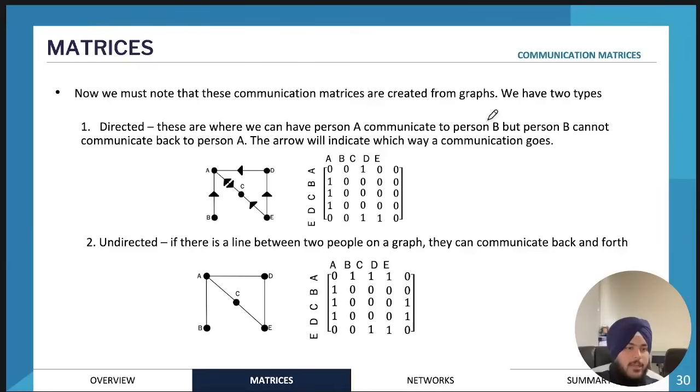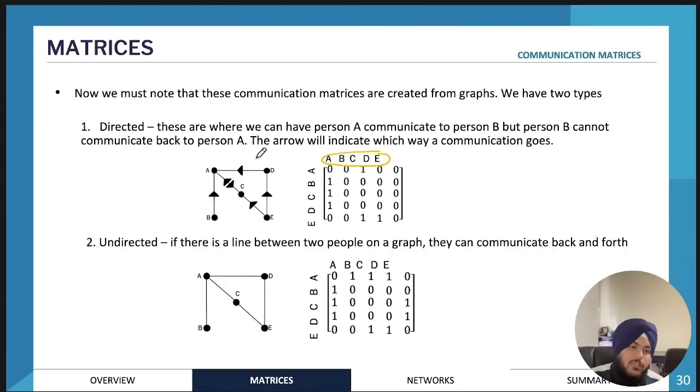Okay, so now we'll go through directed and undirected matrices. Directed communication matrices are what we were looking at just before. Sorry, the formatting is a little bit messed up, just ignore that. It's A, B, C, D, E. A directed matrix is when one person can communicate with the other person, but it doesn't go both ways.